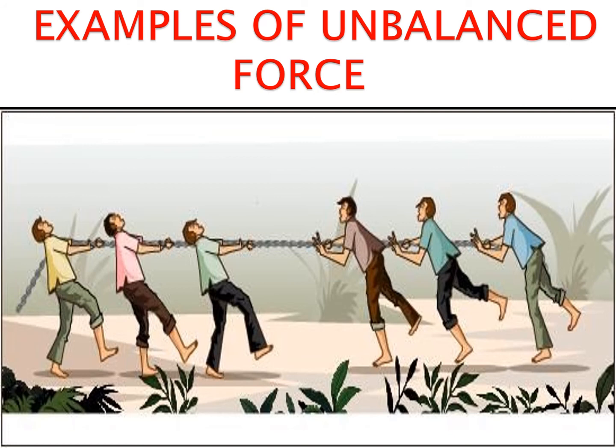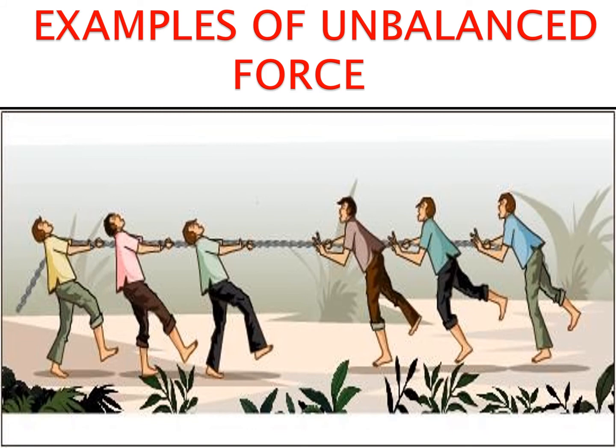That means unbalanced forces are there. So, unbalanced forces are not equal in size and always cause movement and can be in the same or opposite direction. Now this is about the balanced force and unbalanced force.